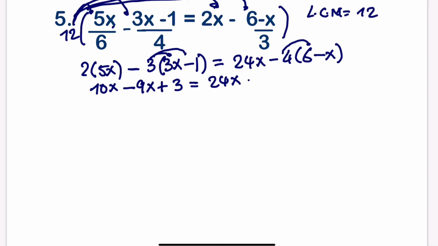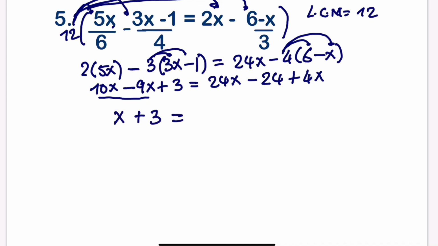This will give us minus 24. And a minus times a minus is plus 4x.